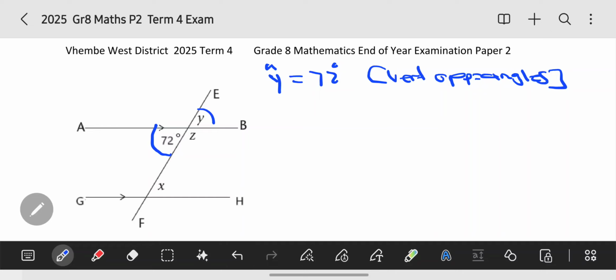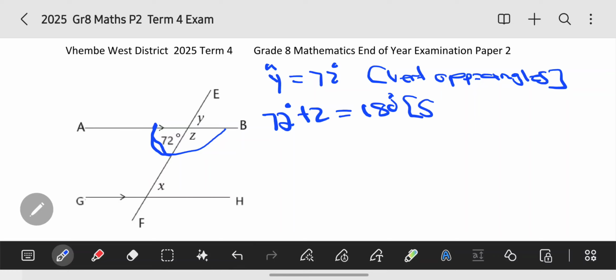Okay, we can use angles on a straight line here. Let's say 72 plus z is going to give us 180. We're going to say 72 degrees plus z is equal to 180 degrees.